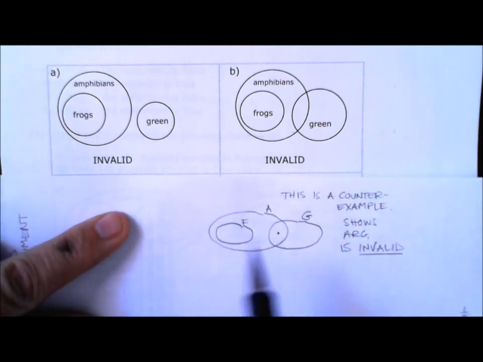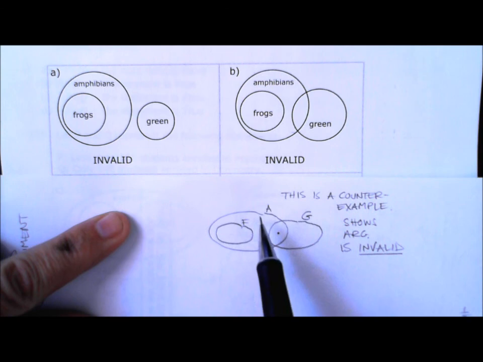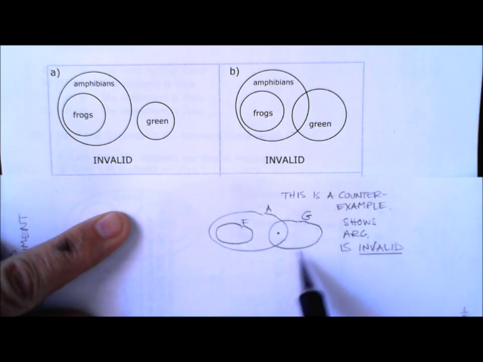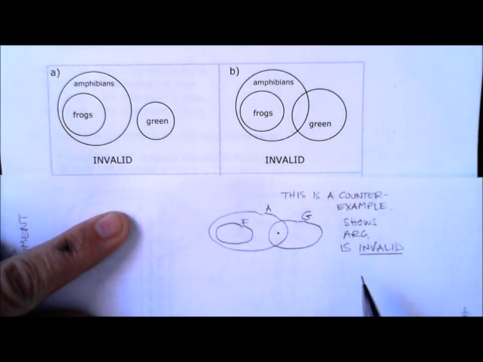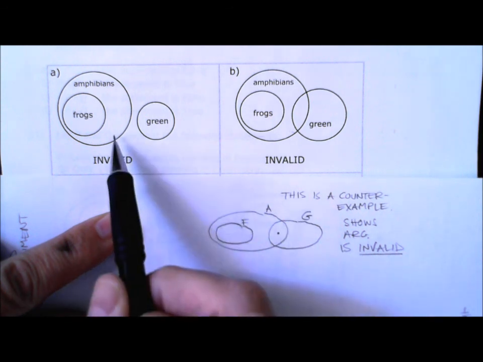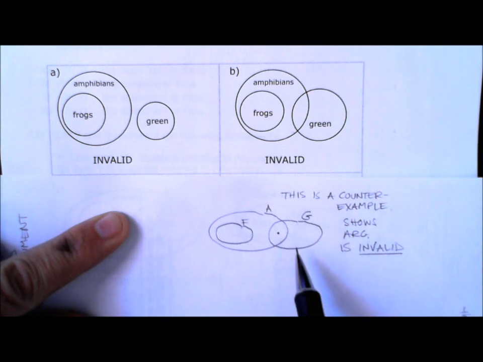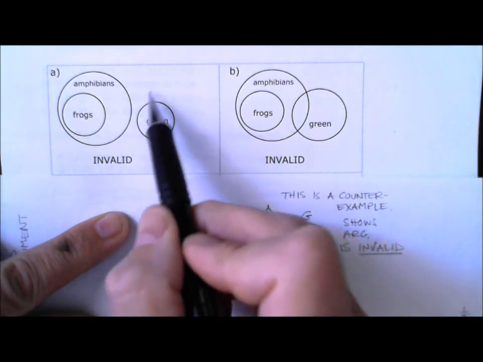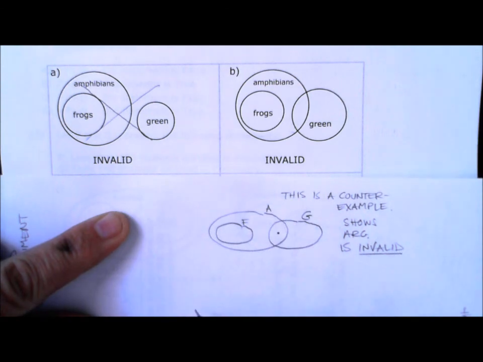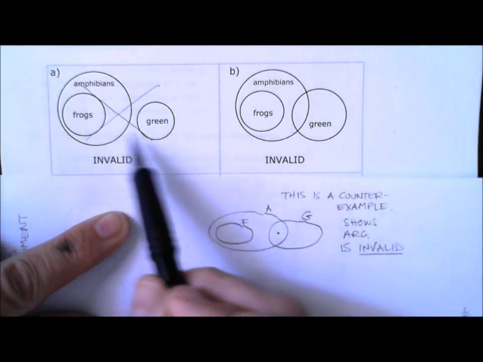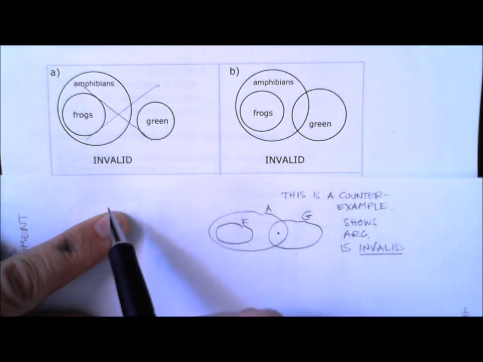And we're looking for a picture where all frogs are amphibians, and some amphibians are green, but no frogs are green, which would be the negation of the conclusion. And you can see here, this picture doesn't satisfy the second premise. We needed that some amphibians are green, and this doesn't show the argument's invalid because it doesn't have both premises true and the conclusion false.